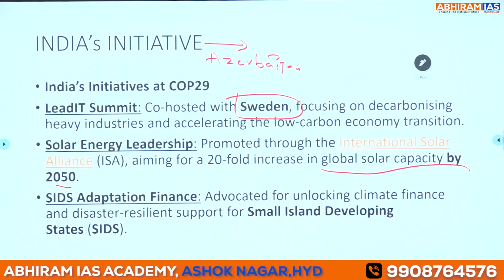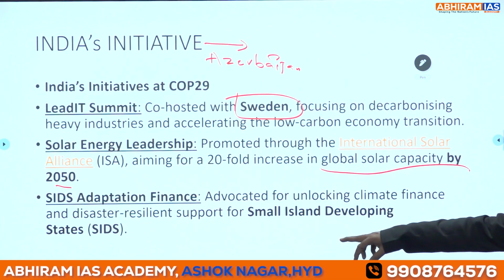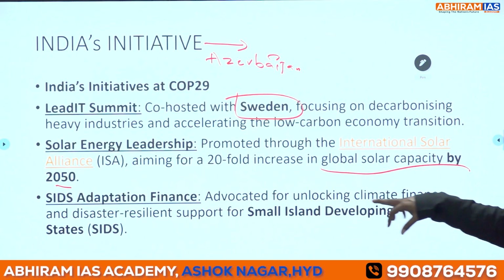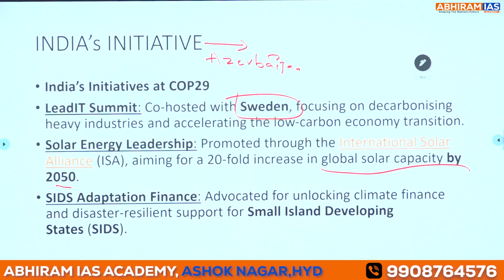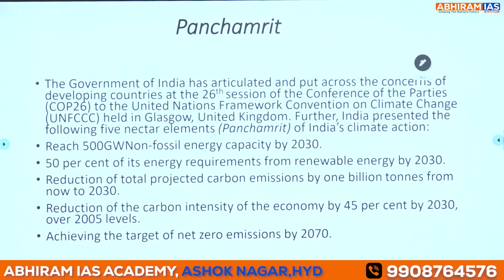Next, small island developing states: India advocated for unlocking climate finance and disaster resilience support for small island developing countries. India is one of the front runners and a leader of the global south. Global south means least developed countries and small island nation countries. So these are the initiatives which have been taken.